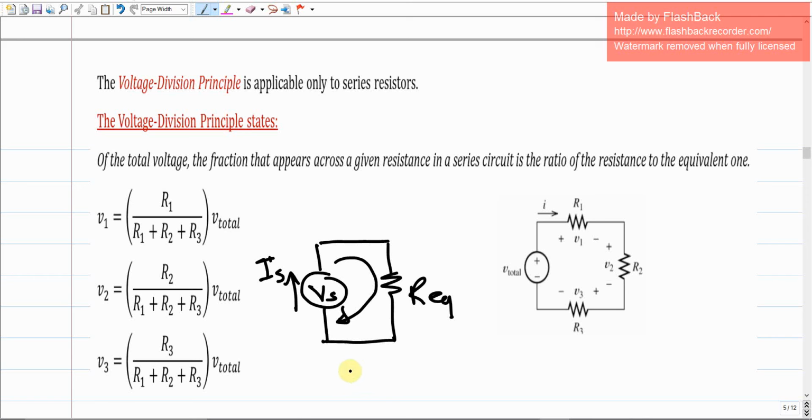If we apply Kirchhoff voltage law to this circuit, we end up with Vs being Is times R equivalent. So we have three parameters here. If you are given two, you can simply calculate the third one. It is a very simple, very easy thing.